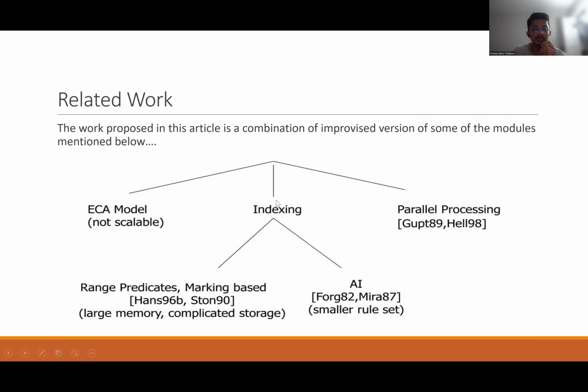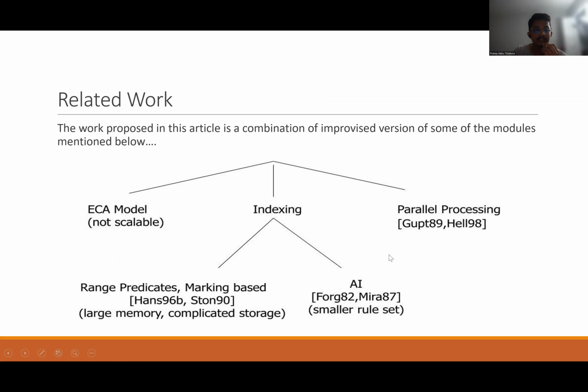The related work to this article is extracted from references such as Gupta 89 and Hanson 98. From Gupta 89 and Hanson 98 we have extracted parallel processing, and AI is extracted from the smaller rule sets of the Forgy 82 and Miranker 87 articles.